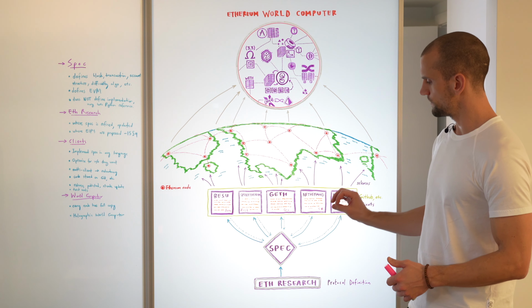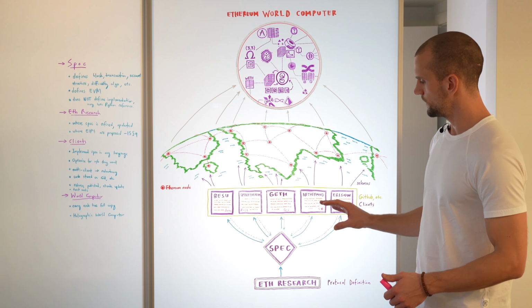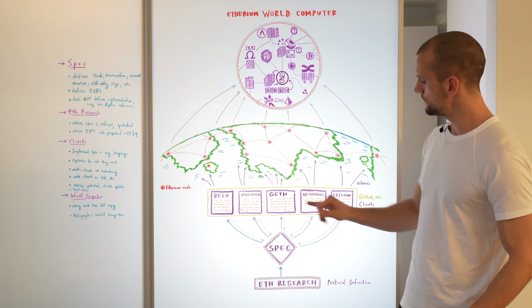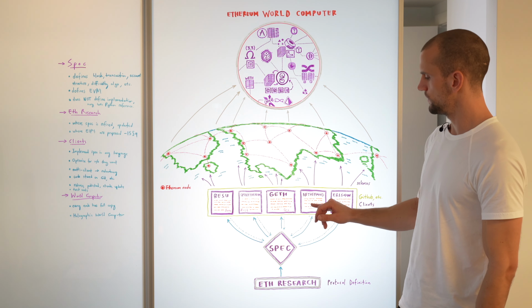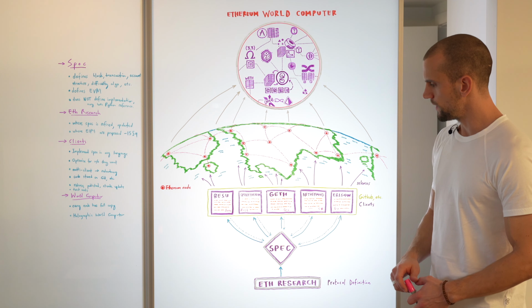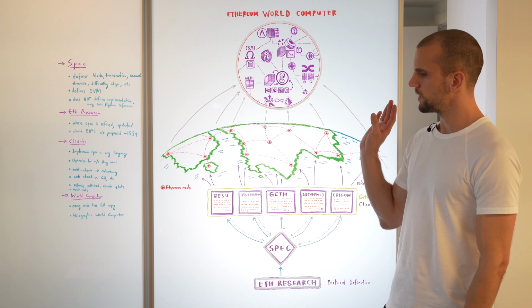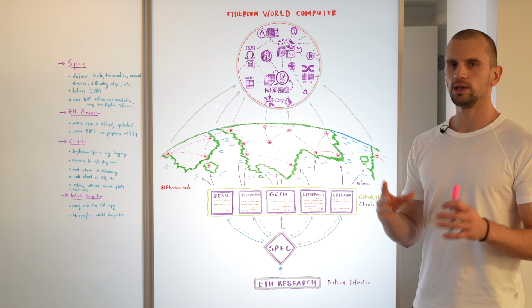So especially if it's a minority client, or say we have 5 clients, 20% of nodes are running this, 20% are running that, then any client can have any kind of catastrophic failure, and the system should run just fine. There shouldn't be any real issue.